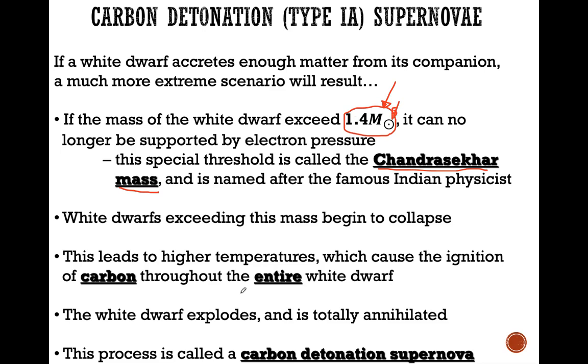And because of that, the whole star will explode suddenly. This process is what we call the carbon detonation supernova, or type 1A supernova. Right? So make sure that you understand the differences between each of these processes.